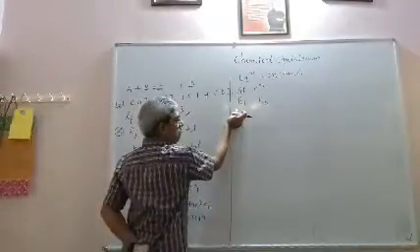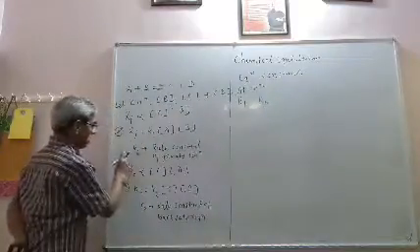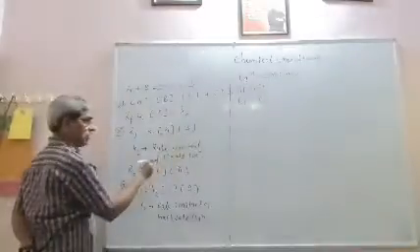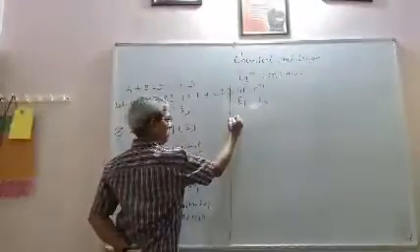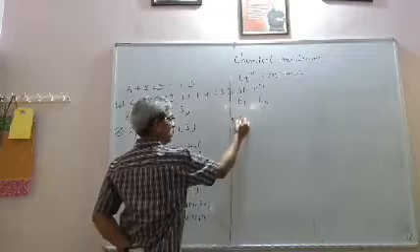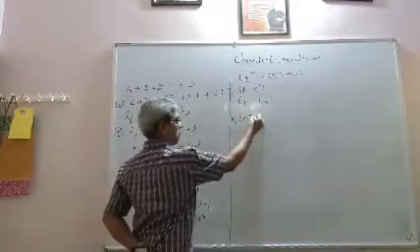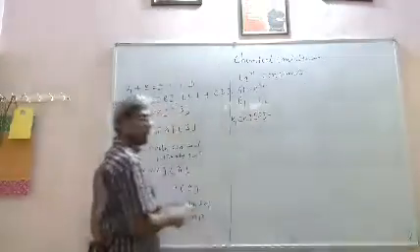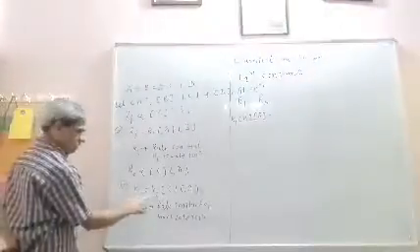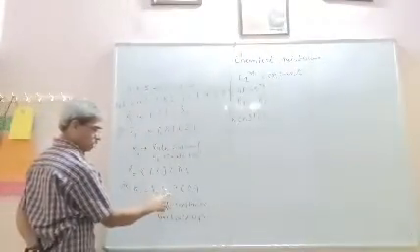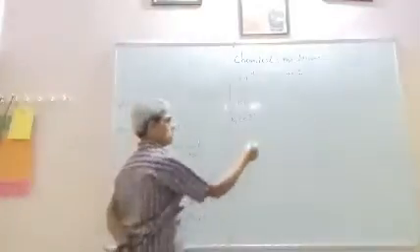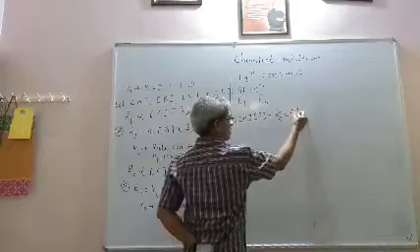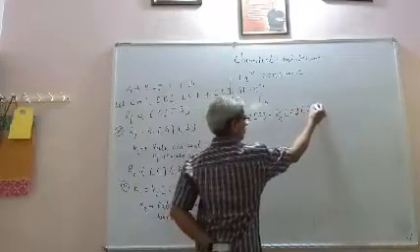Then we have the value of RF: RF equals K1 into the product of active masses of A and B. Substitute the value of RF here. K1 into active mass of A into active mass of B equals, again we have the value of RB, K2 into active mass of C into active mass of D.